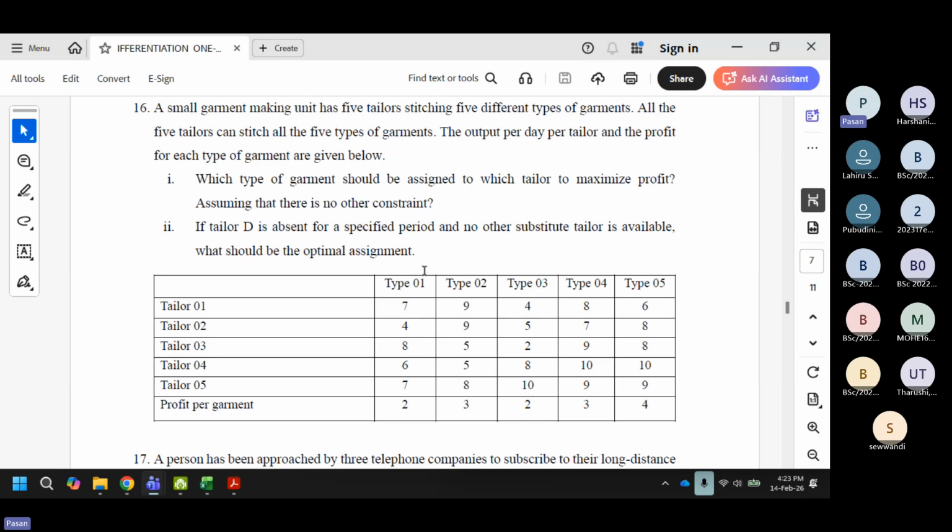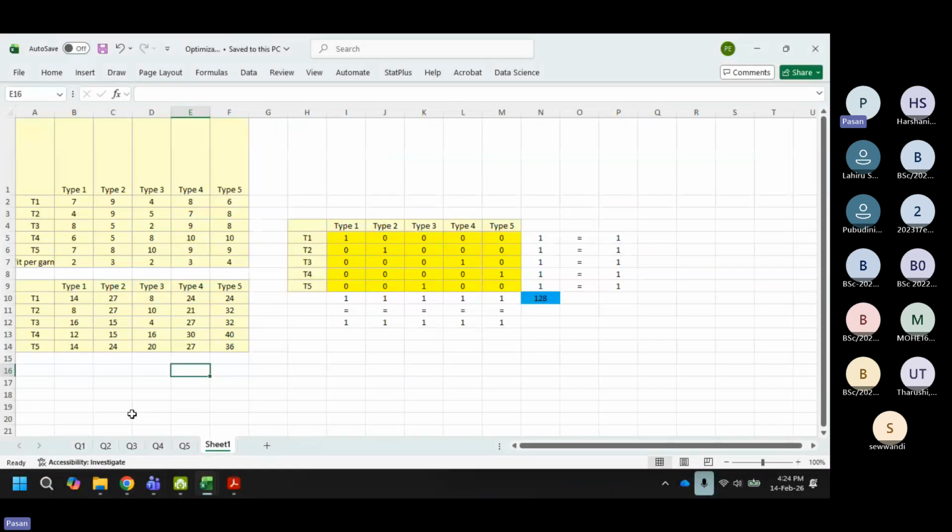So basically we don't need to worry about the production of all five types, but we just want to see that these are the profits we can get from each tailor, or we can think of, let me see whether that is given. Yeah, I did not check this actually.